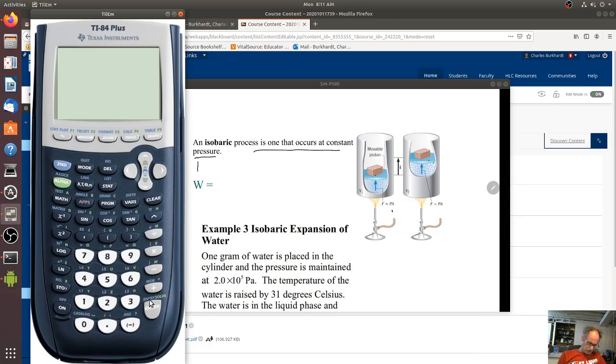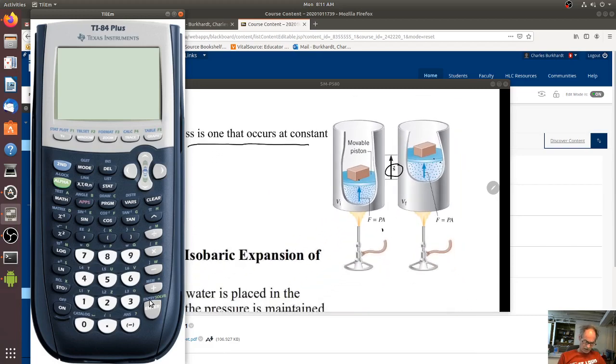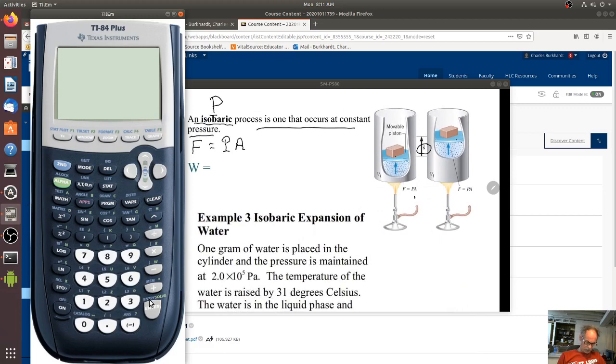Well, the force the pressure exerts, remember, we'll use capital P for pressure, is equal to the pressure times the area. And if this is, I don't know what symbol that is, I can't read it. It's S, that's the distance. The work is equal to the force, the pressure times the area, times the distance.